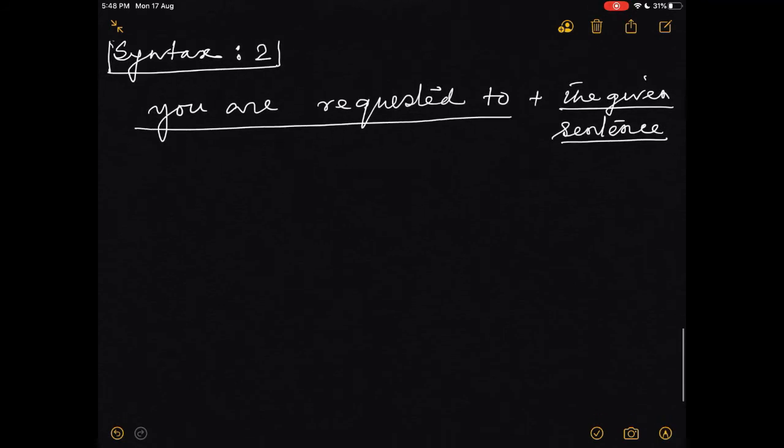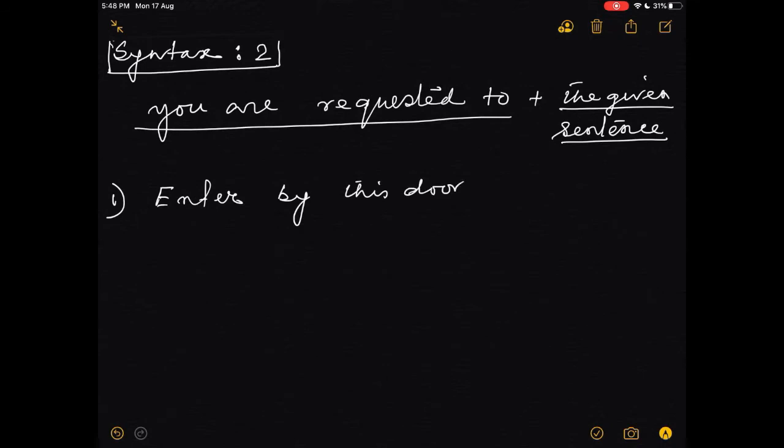Now take the first sentence for illustration, that is, enter by this door. A sentence but no object is here.